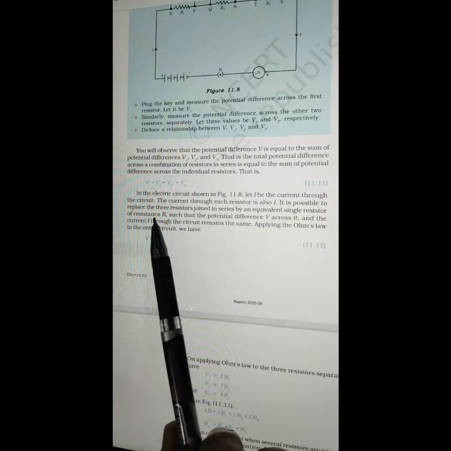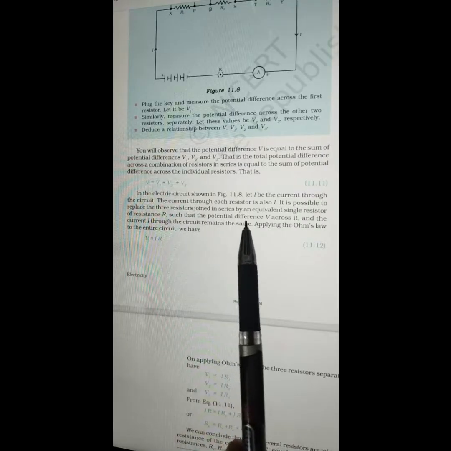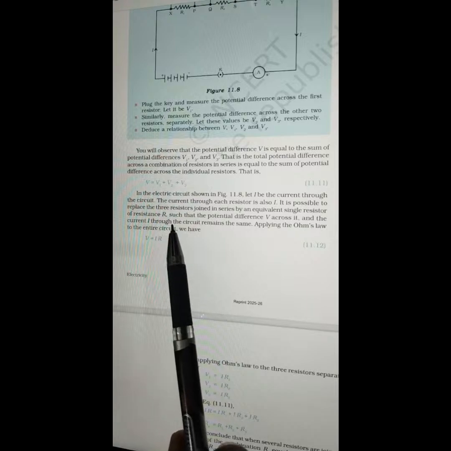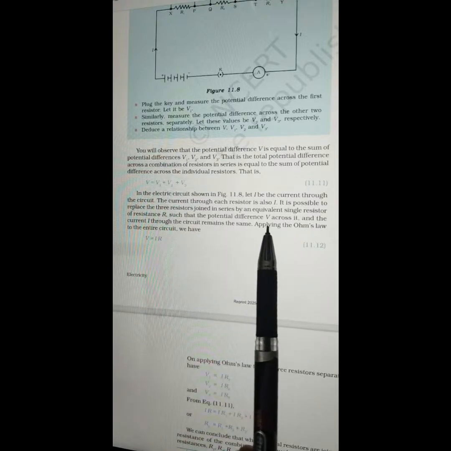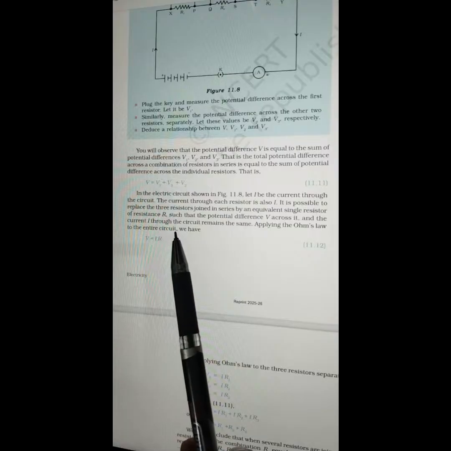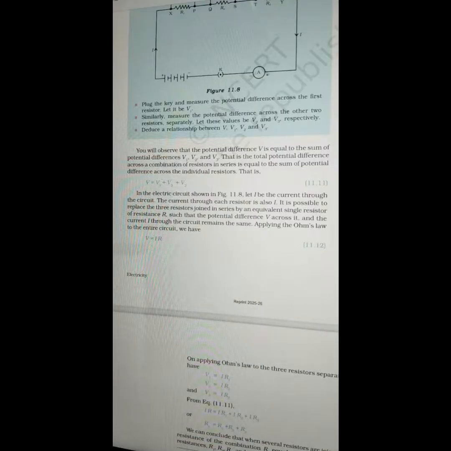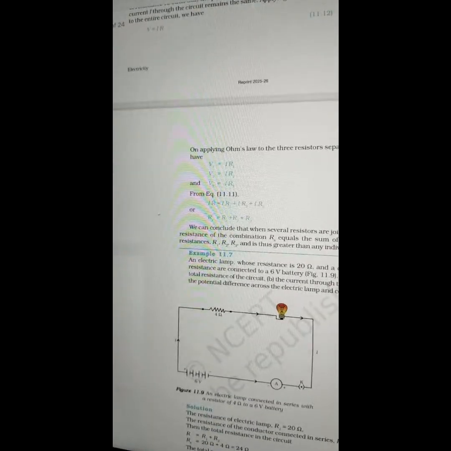It is possible to replace the three resistors joined in series by an equivalent single resistor of resistance R, such that the potential difference V across it and the current I through the circuit remains the same. Applying Ohm's law to the entire circuit, we have V equals IR.